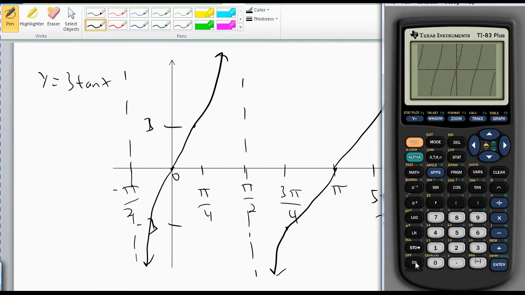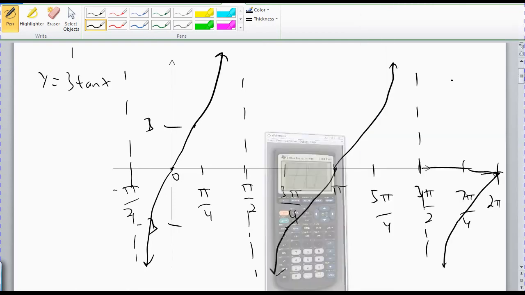I'm still in degree mode. So if I trace 45, enter, you'll see the value of 3. And if I do pi halves, which is 90, you'll see nothing, asymptote. And if I want to do 3 pi fourths, which is 135 degrees, you'll see the negative 3. So it just confirms what we just drew.